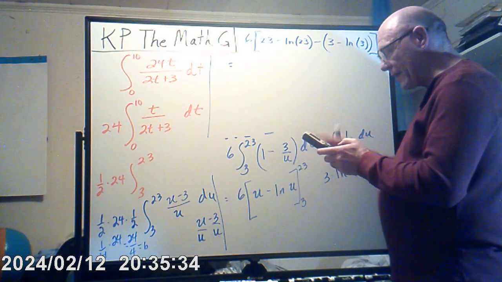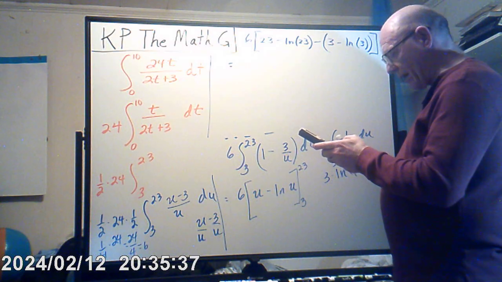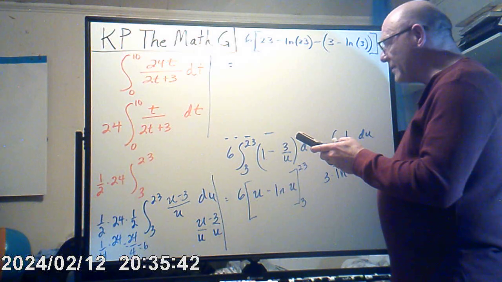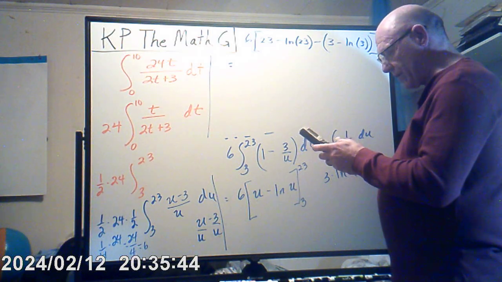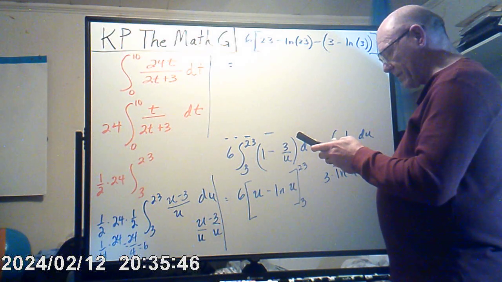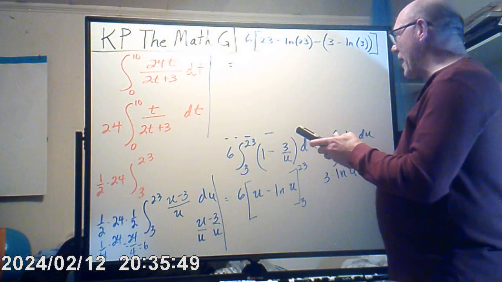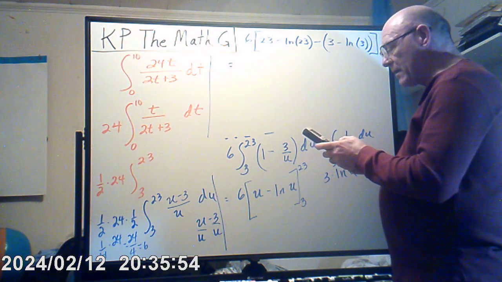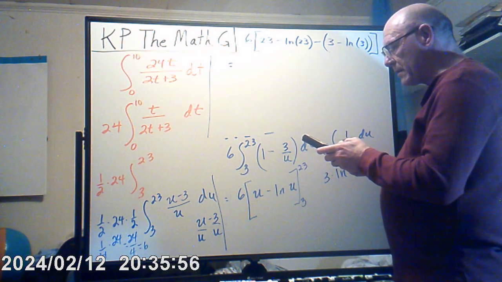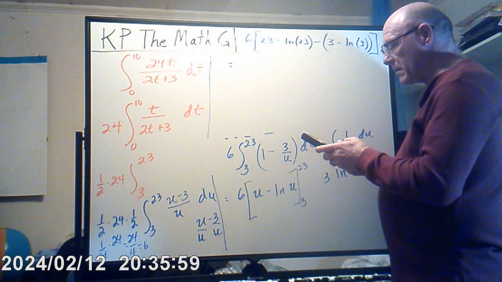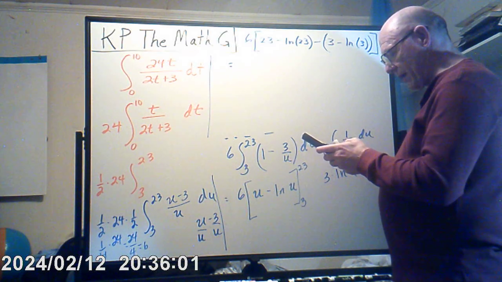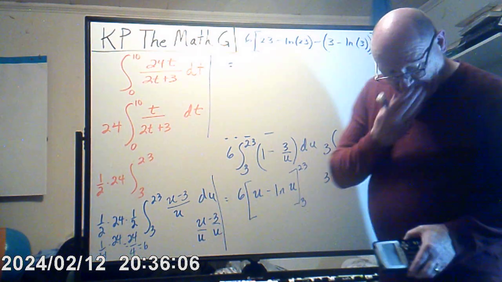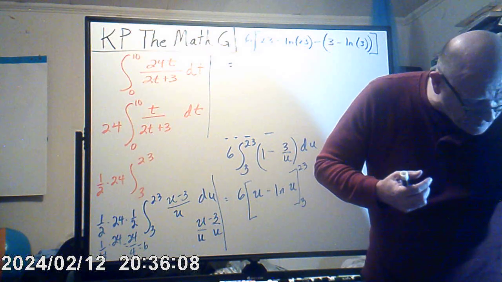I'll try it one more time. I know what I did wrong on that one. Minus ln of 23, I do apologize for this. Now minus 3, and now plus ln of 3. Okay, so times 6. Too much. I don't know what I did incorrectly there.